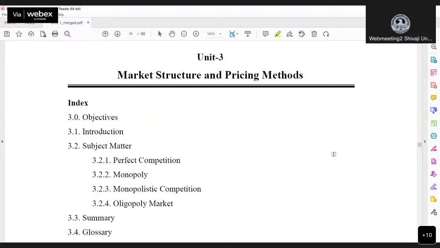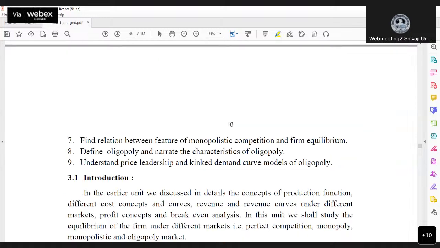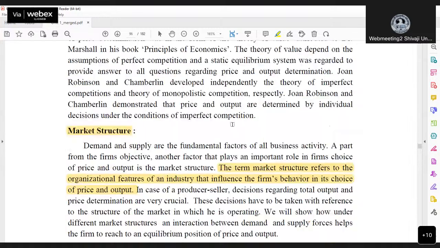Hope all of you have opened your self learning material in front of you. These are the objectives: define perfect competition, describe its features. All of this you have to take into consideration. We are just going to review all the important terminologies and points.